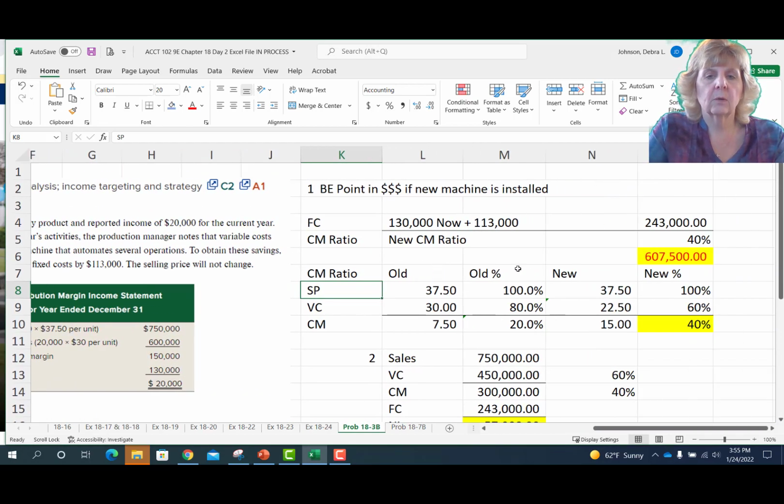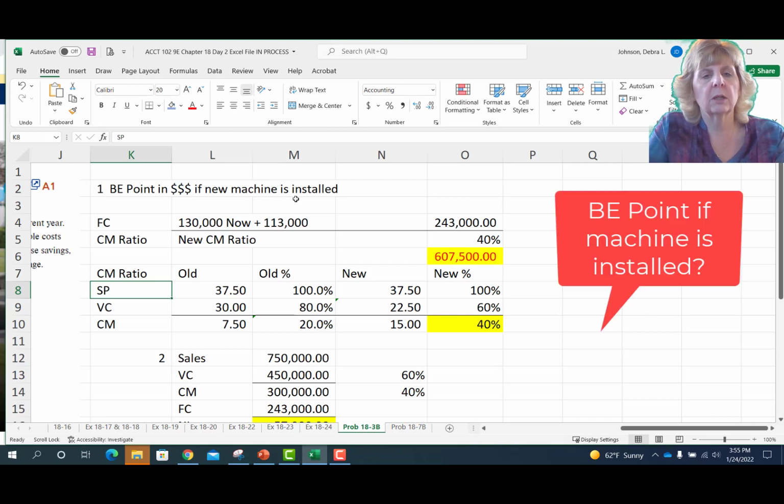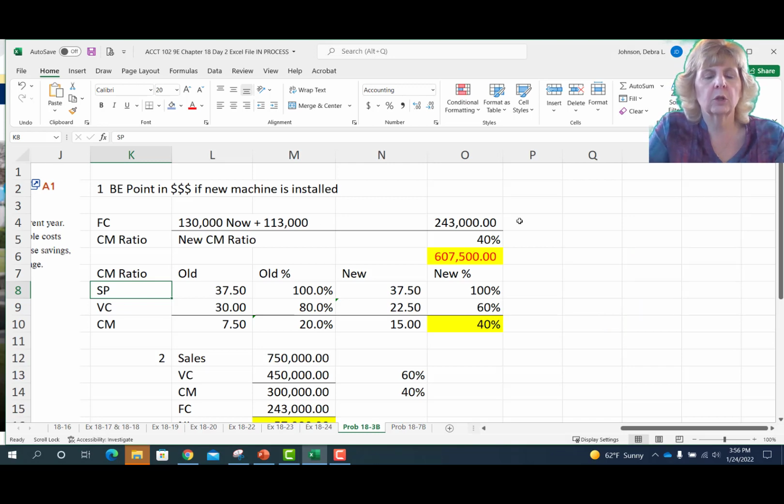So first thing the author asked for was the break-even point in dollars if the new machine is installed. So we took the current fixed costs and added in the cost of that new machine, and we got $243,000. And we divided by the new contribution margin ratio. I calculated that for you right here.